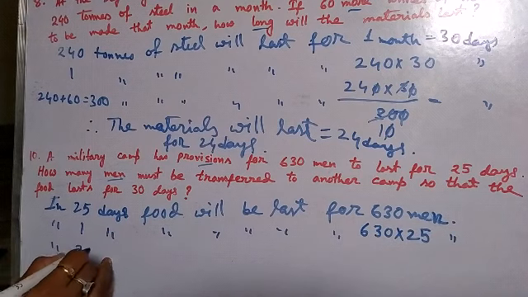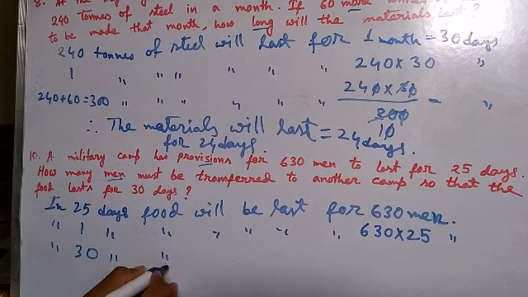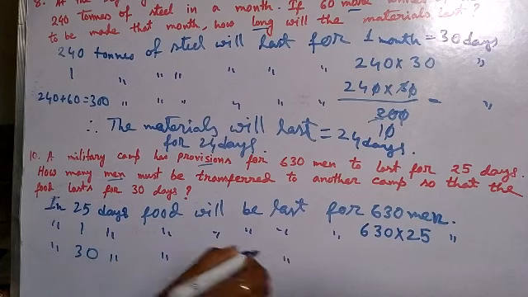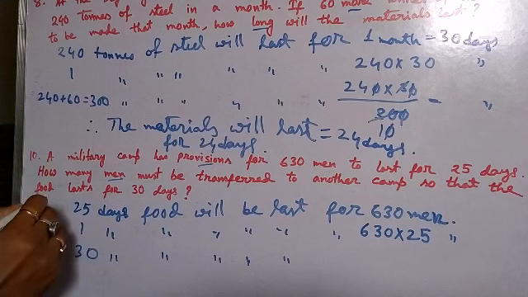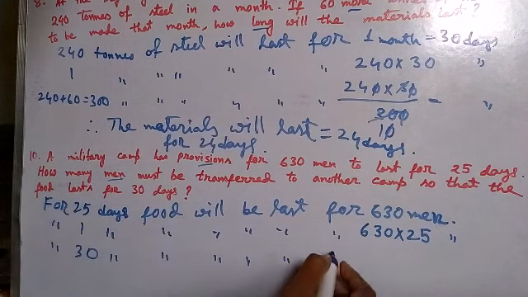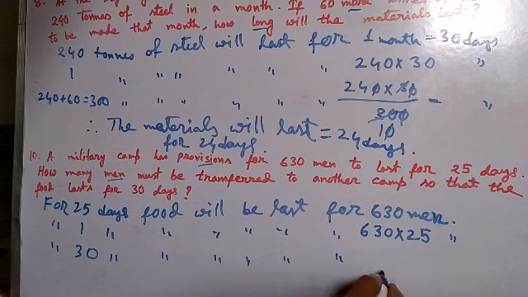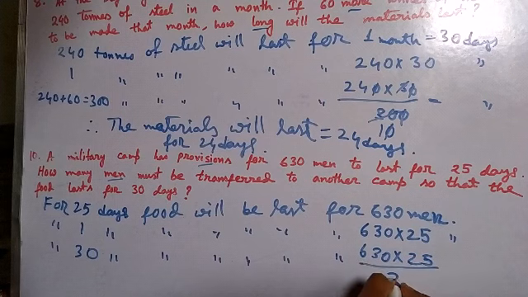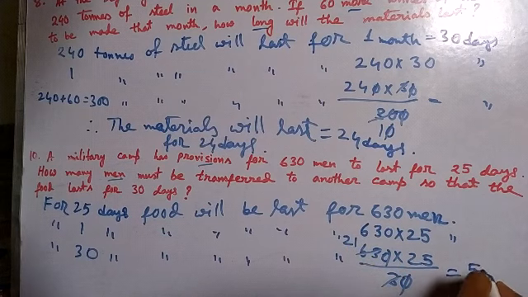Then for 30 days, it will be 630 into 25 divided by 30. Then it can be cut by 3, 3 sixes, 3 threes, then it will be 525 men.